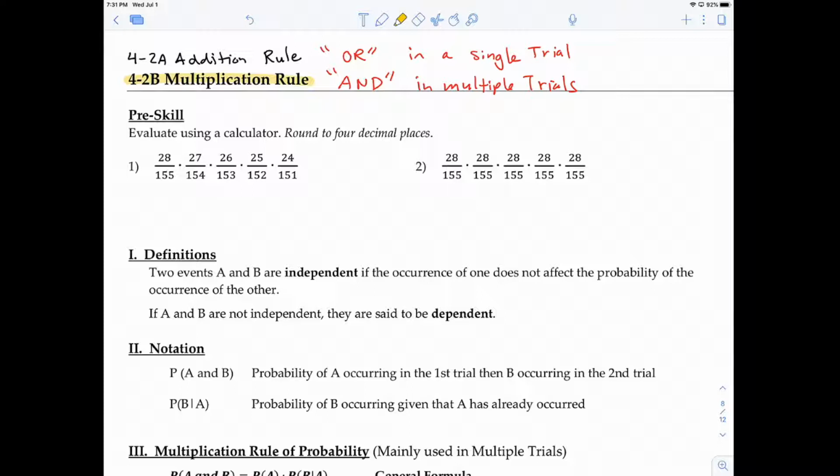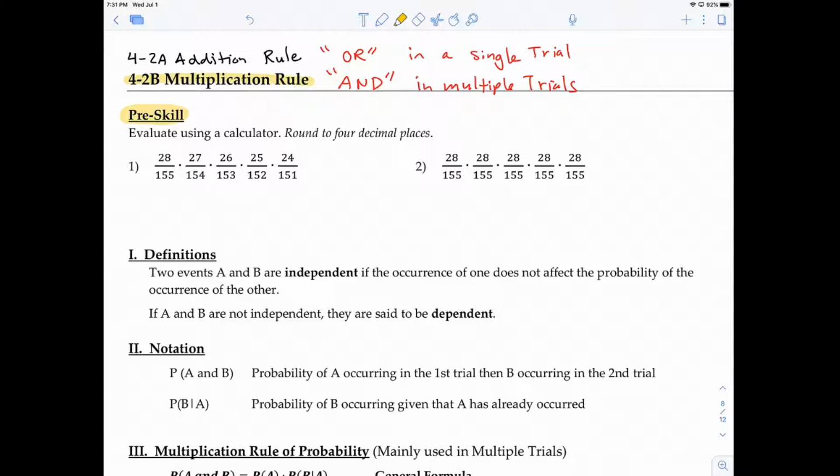So before we get started, let's go ahead and take a look at this pre-skill. With the multiplication rule of probabilities, you have to be familiar with multiplying fractions, either using the calculator or just in general. The way that we multiply fractions is we multiply straight across.